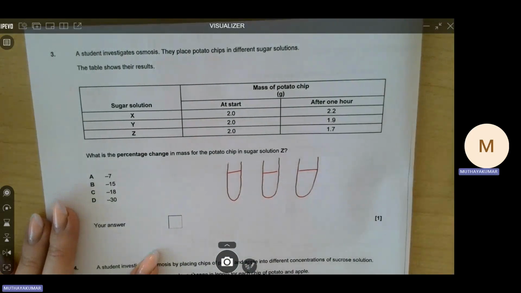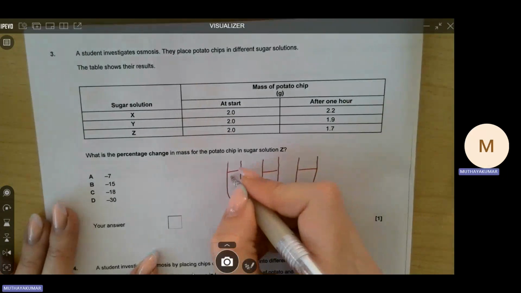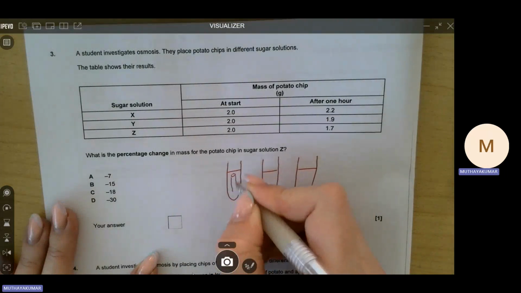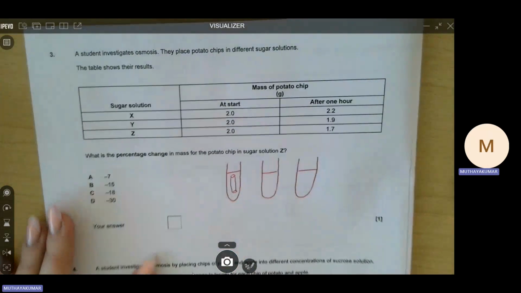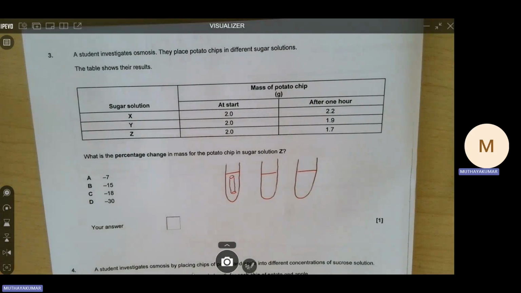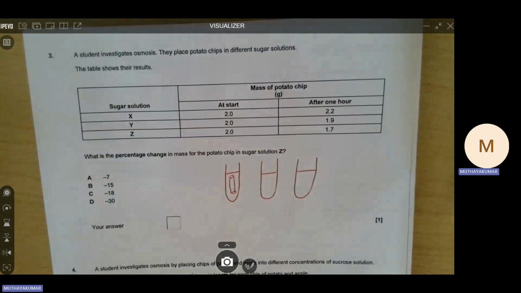Okay, and in those test tubes, you place your potato or your plant tissue samples. So in the exam, if they bring this up, it's any sort of vegetable or fruit. So they can bring up carrot, aubergine, apple. Okay, the most common one is potato.